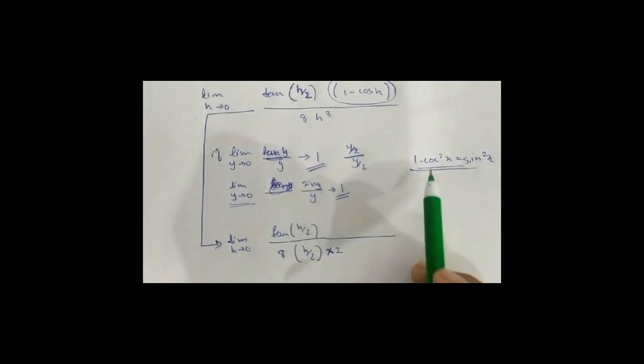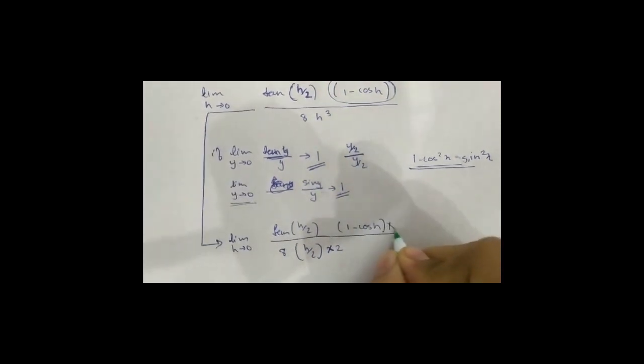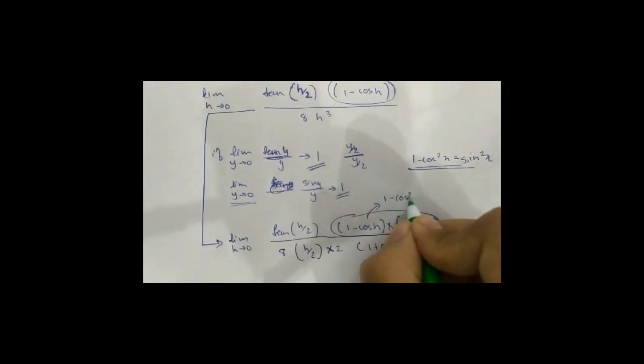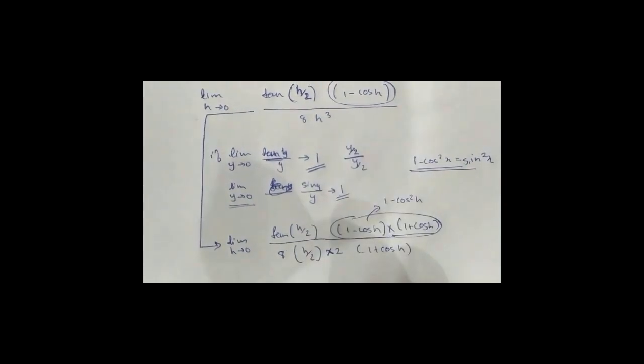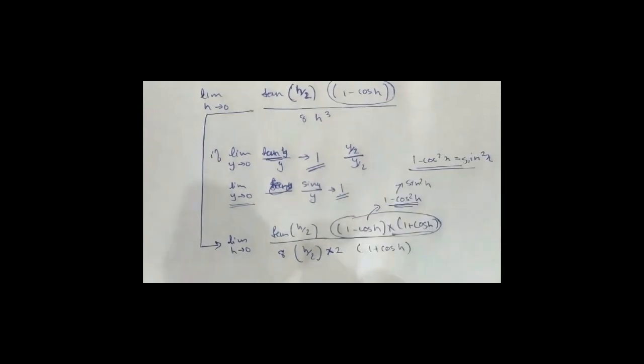Can we somehow make 1 minus cos square h? Yes, we can. How? Simply we will multiply the denominator and numerator with this. Simple. What will this become? This will become 1 minus cos square h, right? This is nothing but sine square h, right?